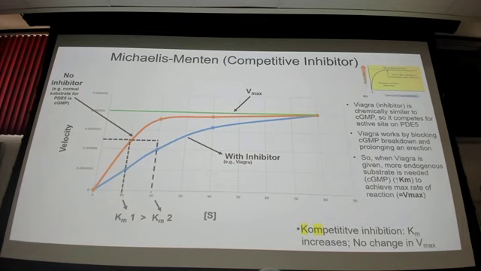Yes, this is just wrong, my apologies. Km2 is greater than Km1. I'm sorry, guys, I worked on this forever and I thought it was right, but it's still correct.